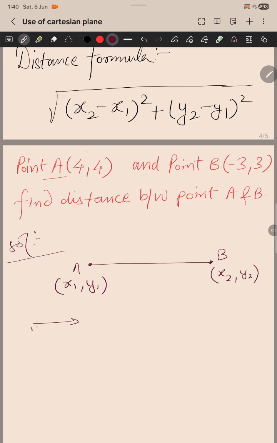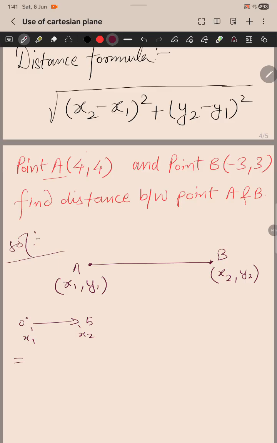We are moving from this point to this point, x1 to x2. So what should be the distance between these two? From the origin you are starting, and going somewhere. Suppose it is 5 and it is 0. Origin is always 0. So what is the distance between these 2 points?